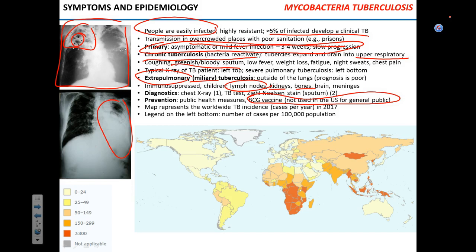Its efficiency is very limited, and since its efficiency is very limited, it is not used routinely in the United States. Okay? Unless, I don't know, in the military do they do tuberculosis? Okay. Yeah. So this is done basically if you get into another country and you get exposed there.